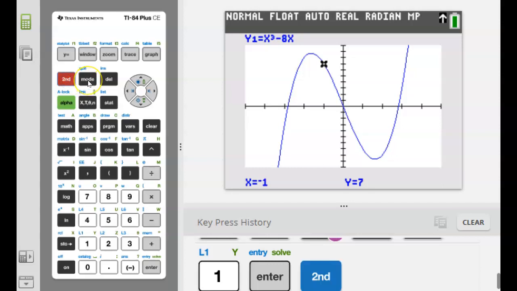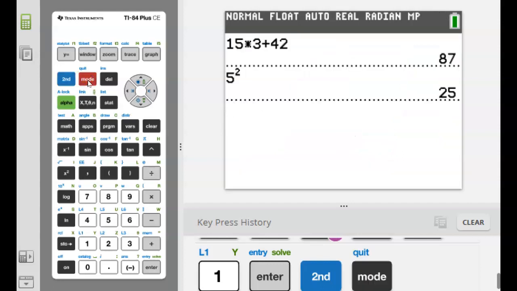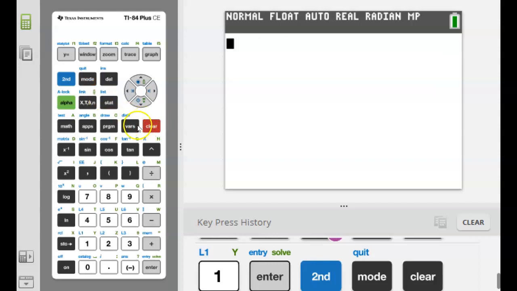And I'm going to go over to mode, which is the next button to the right. If you take a look above mode, it says quit. So when I click that, it should take me right out of my graph. And at this point, I can go ahead and say clear.